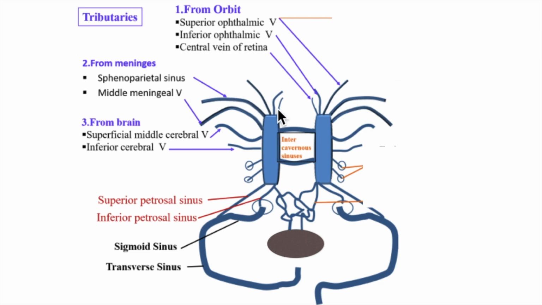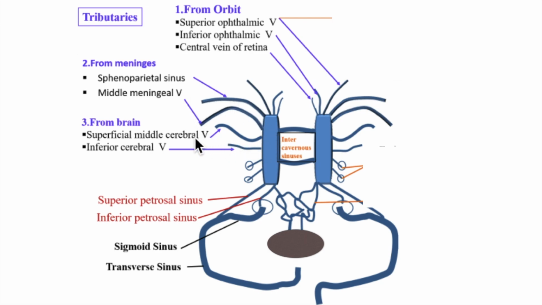Sometimes the central vein of the retina also drains into the cavernous sinus. From the meninges, the sphenoparietal sinus and the middle meningeal veins are the tributaries which drain the meninges into the cavernous sinus.